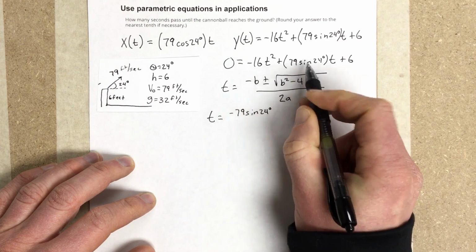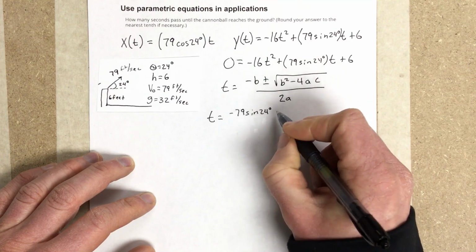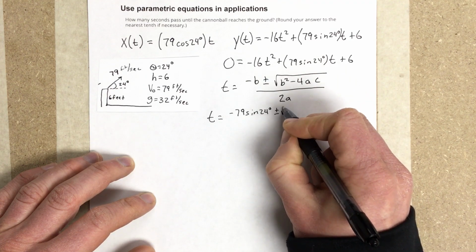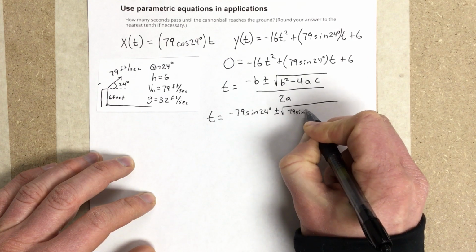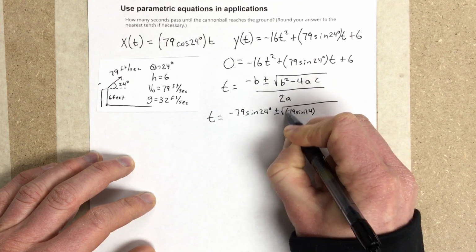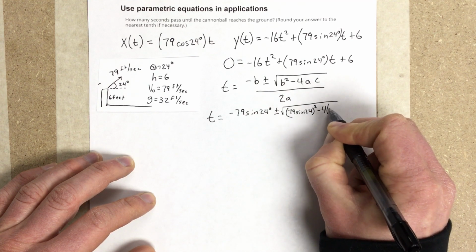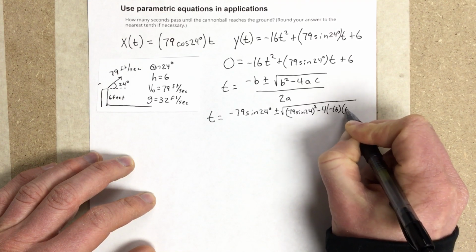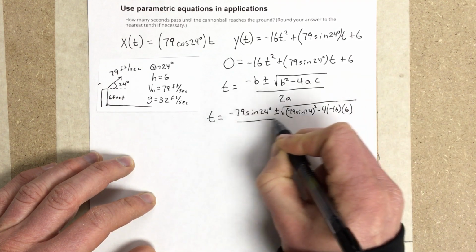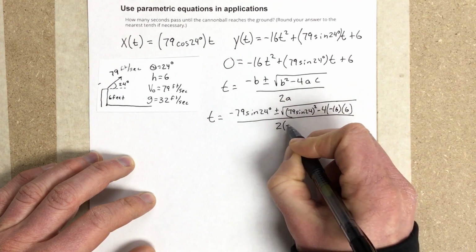For some of you, this might be the first time that you started to use trig with the quadratic equation, which would be kind of cool. And we have plus and minus root 79 sine of 24 squared minus 4 times a times c all over 2 times a, which is negative 16.